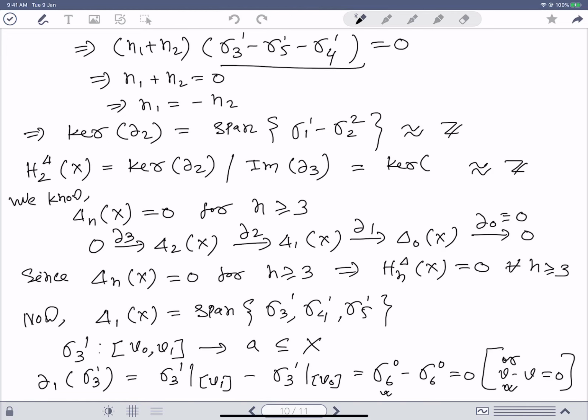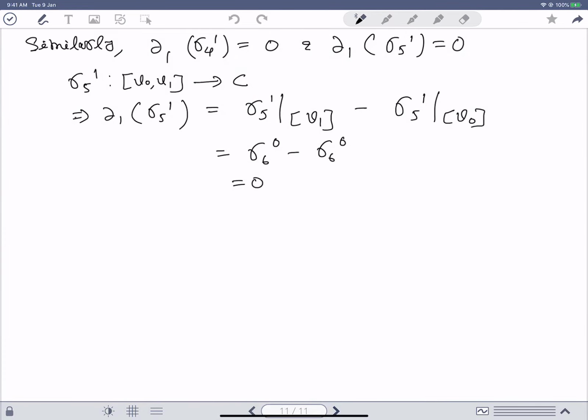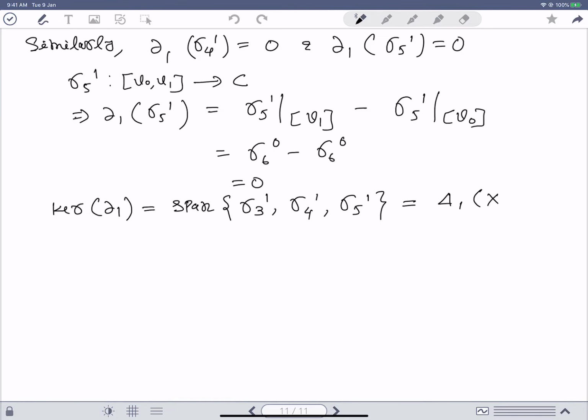Okay, so that means the kernel of del 1 is spanned by these three maps only, and which is the same as del 1 x.